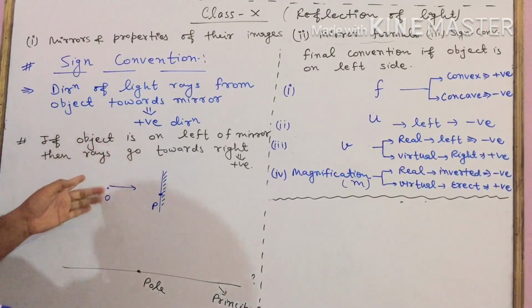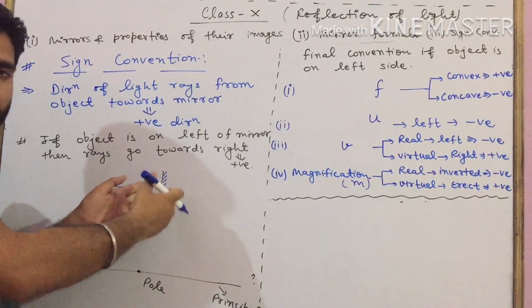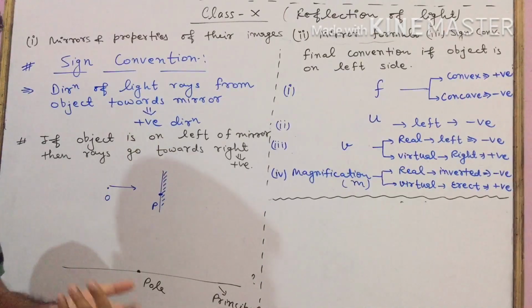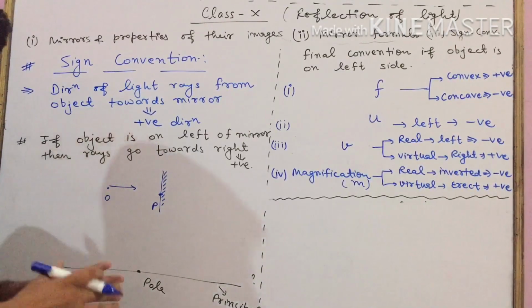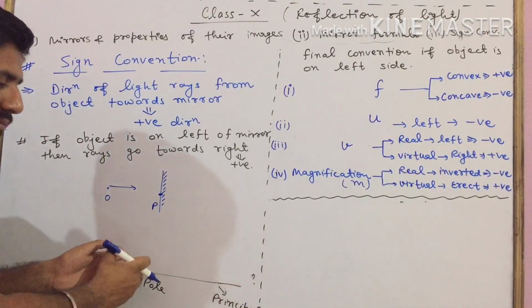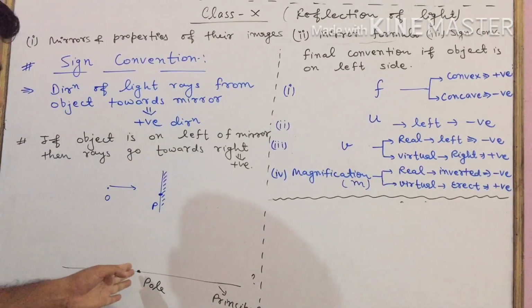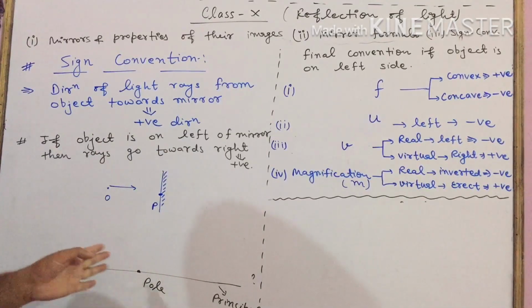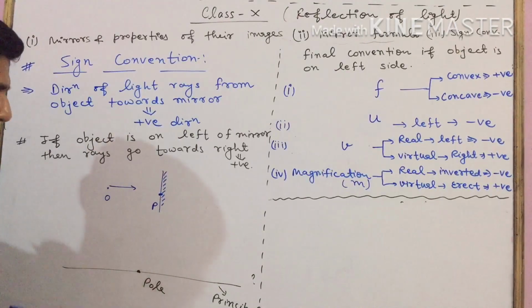So the direction which is right with respect to the pole of the mirror will be the positive one. All the distances measured from the pole towards right will be positive, and towards left will be taken as negative direction.